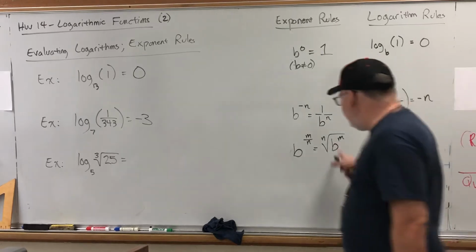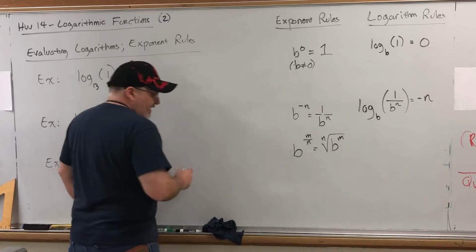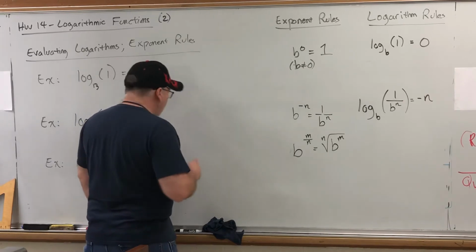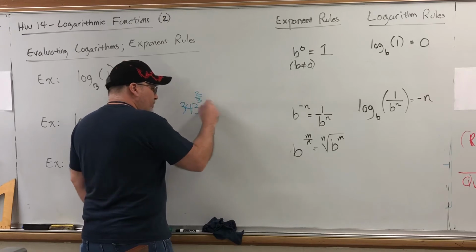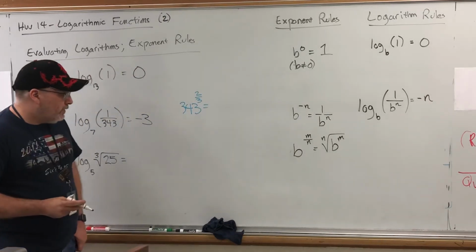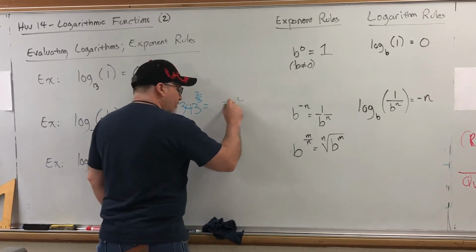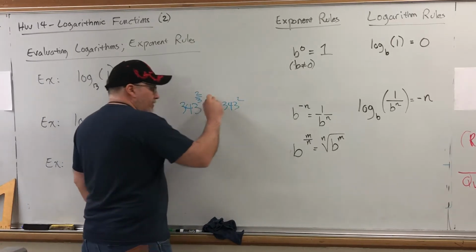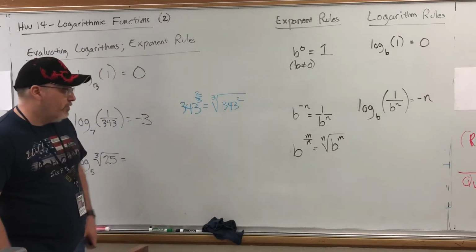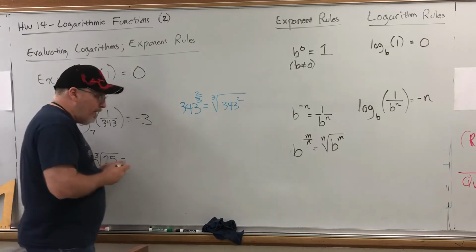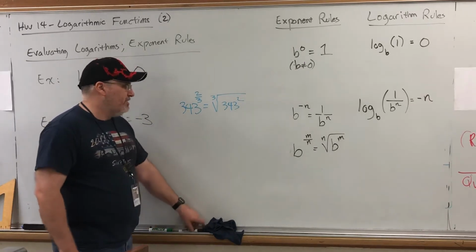So let me do a real quick example of this before we go back here. For example, let's say I ask you what 343 to the 2/3 power is. Well, when you raise something to a fraction power, the top really is a power, but the denominator is an index. So we're taking the cube root of 343 squared. And one thing worth mentioning is the top number is a power, the bottom number is an index.